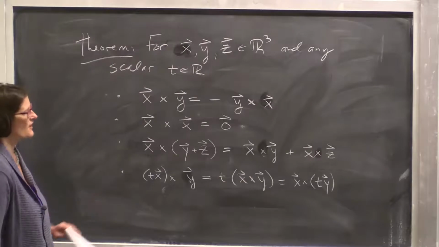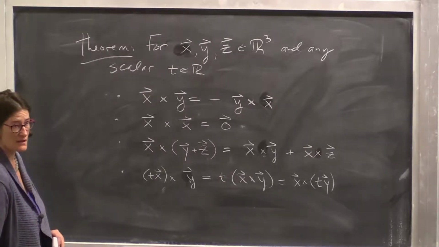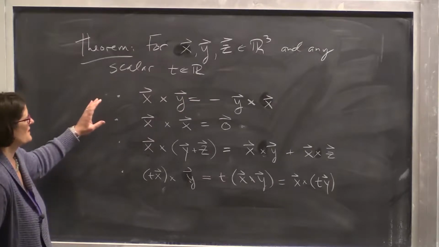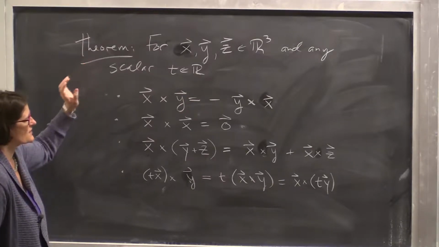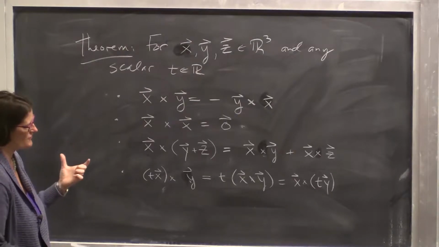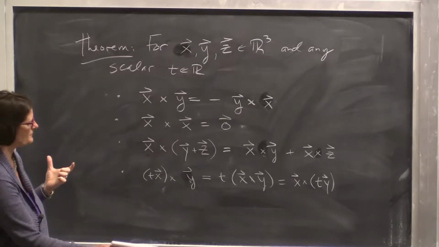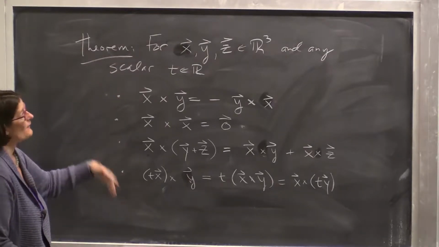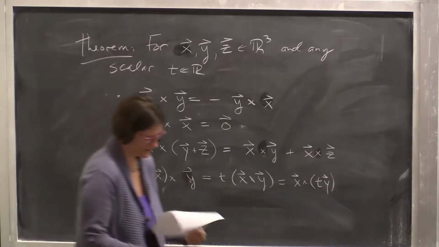All of these things follow directly from the definition. And if you asked me to construct some object that, given two vectors, gave me a vector that satisfied these, I would end up constructing the curl.